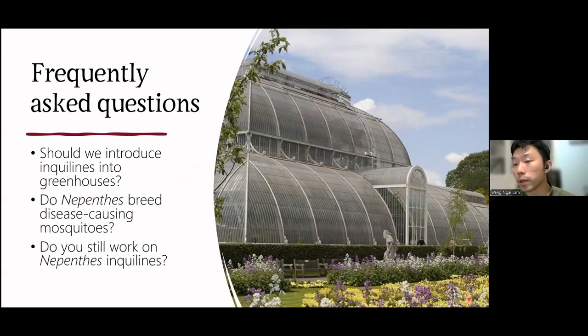Within their home range, like in Singapore, if I grow pitcher plants outside, their pitchers are naturally colonized by certain inquiline species. I think that's okay. But again, even then, it has to be managed a little bit. I would not generally advocate that we must reintroduce inquiline species into captive, artificial ecosystems, as it were.